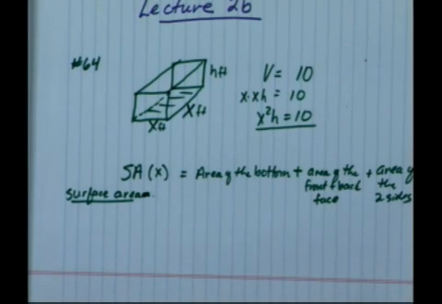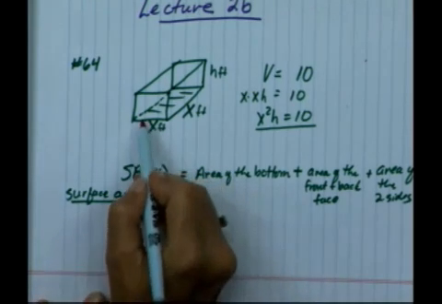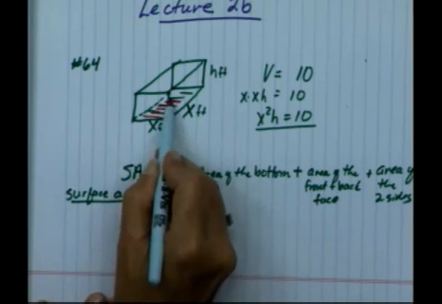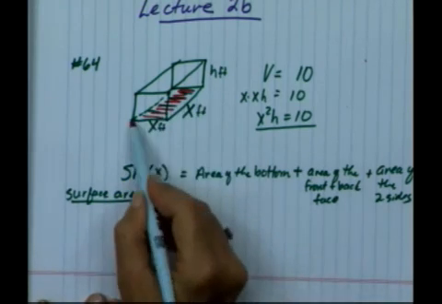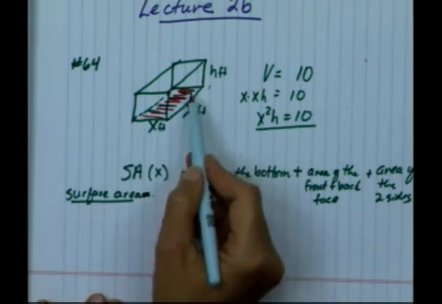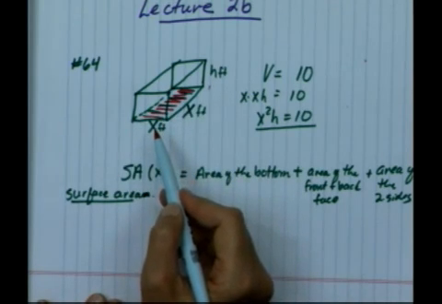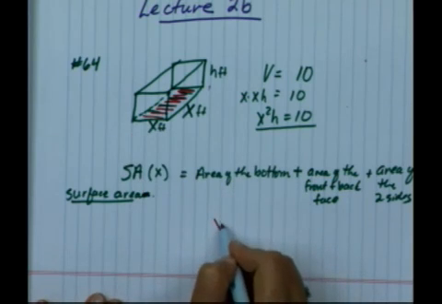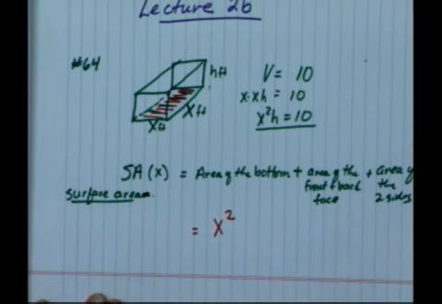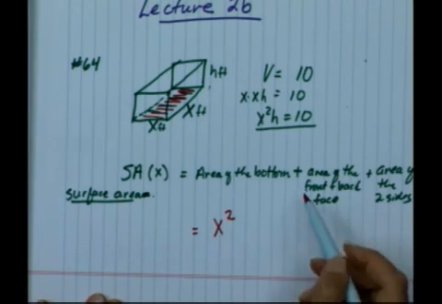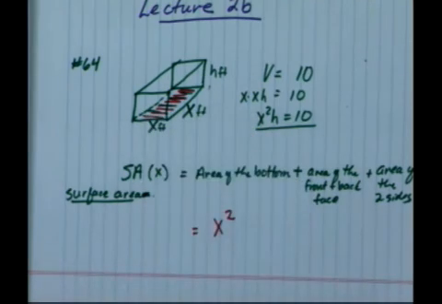Alrighty, so let's see what we can do here. I'll try to color it in. What is the area of the bottom of my box? X times x, right? It's just a flat old rectangle, which happens to be a square. So the area of the bottom is x squared. All right, let's go to my front face.